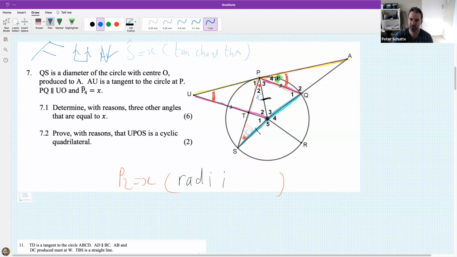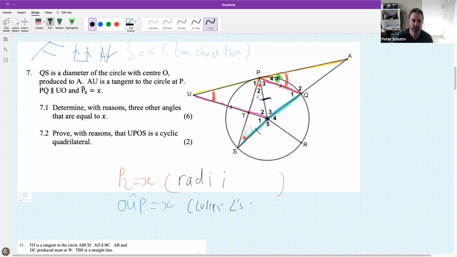I think this is corresponding, because you can see it's the F upside down. To be completely correct, we'd say OUP is equal to X, and that is going to be corresponding.